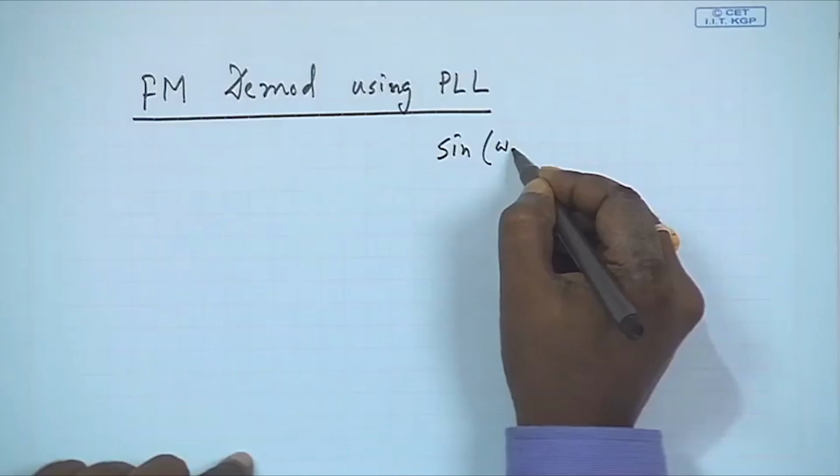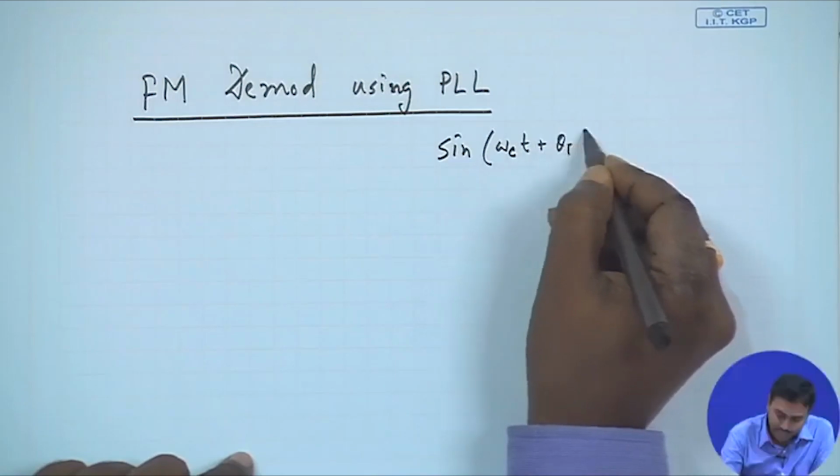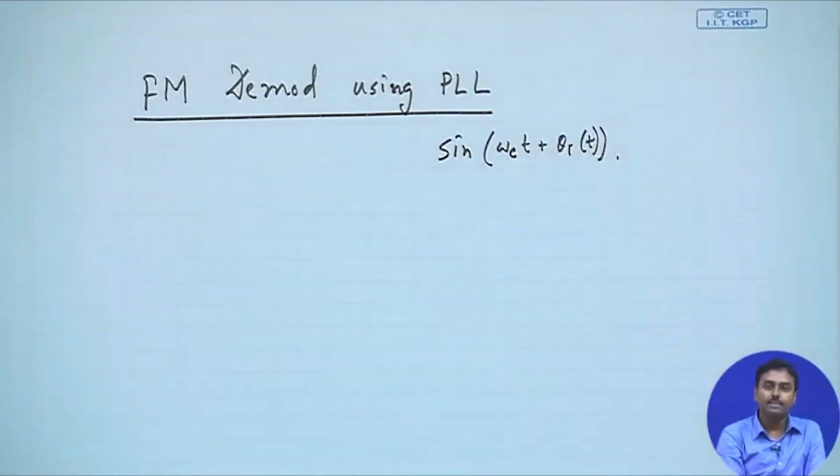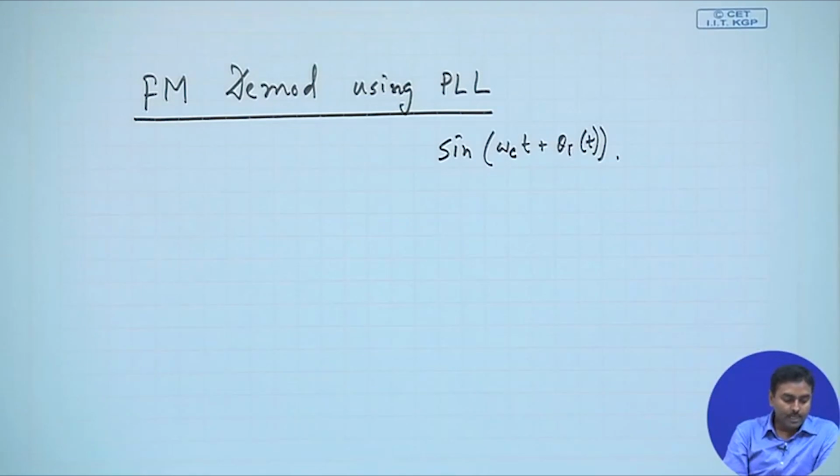So, let us say the PLL generates a sinusoidal, its input to which it gets locked, that is a sinusoidal. So, that is something like sin(ωct + θi(t)), okay, where θi(t) is the input phase. So, what we will do, we will actually give this FM modulated signal to the PLL input.